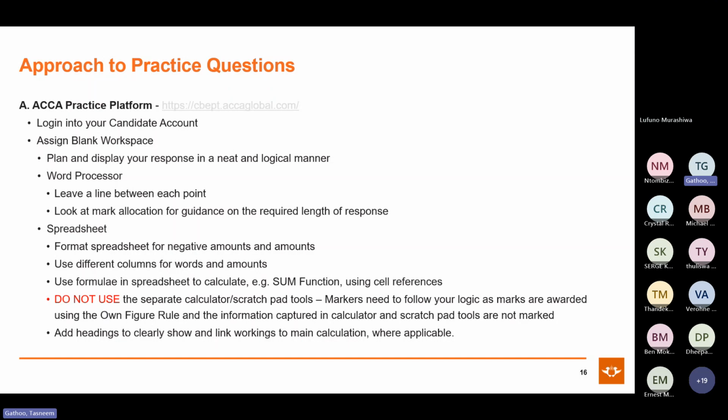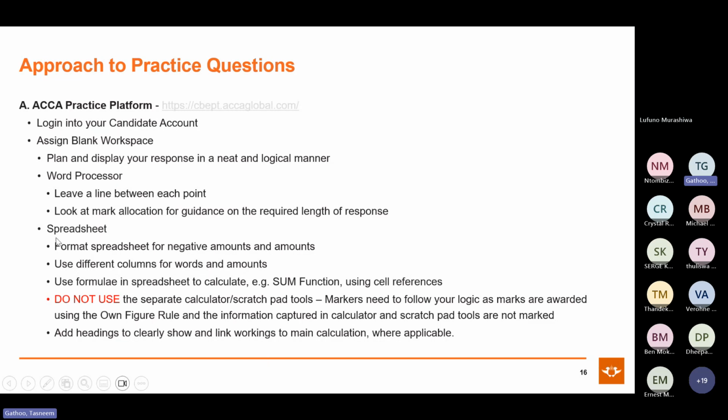If everything's jumbled into one big paragraph, it makes it difficult to identify the different points. So make sure you've laid it out properly. Also, look at the mark allocation for guidance on how long your response should be. Don't write a whole 3-page essay for a 1-mark or 2-mark question.